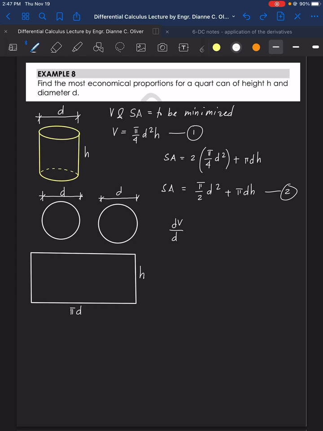I prefer to use h. So dV over dh. Also, the derivative of the surface area over dh is equal to 0 for most economical proportion.